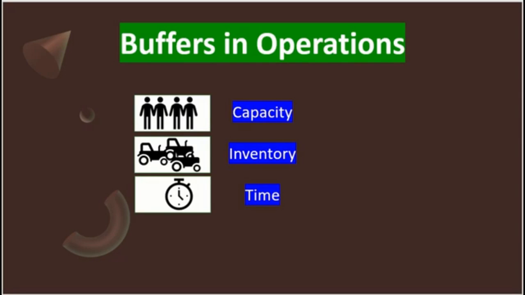Now let us look at inventory as a buffer. We can make a lot of products and keep the stock to cater to the demand. But what happens to the inventory cost? You need to incur a lot of cost for storing and maintaining that inventory. So what is the solution for this?